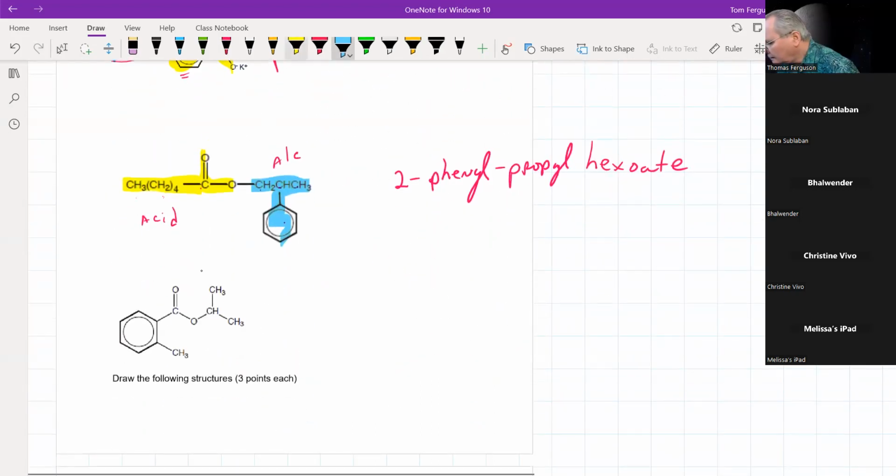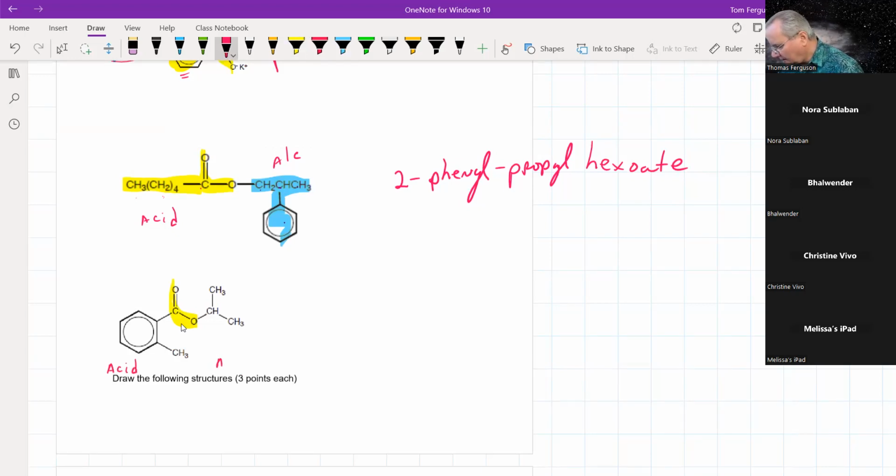Okay. This is an ester. So that means this is going to be the acid part, alcohol part. So that's the isopropyl. And again, the acid here is based on benzoic acid.